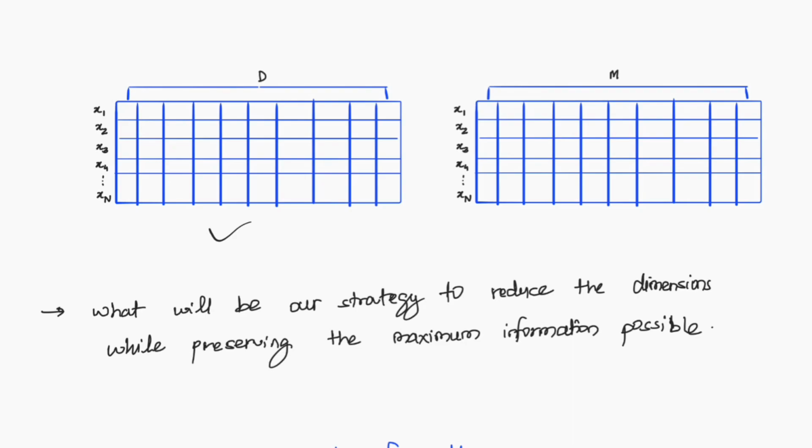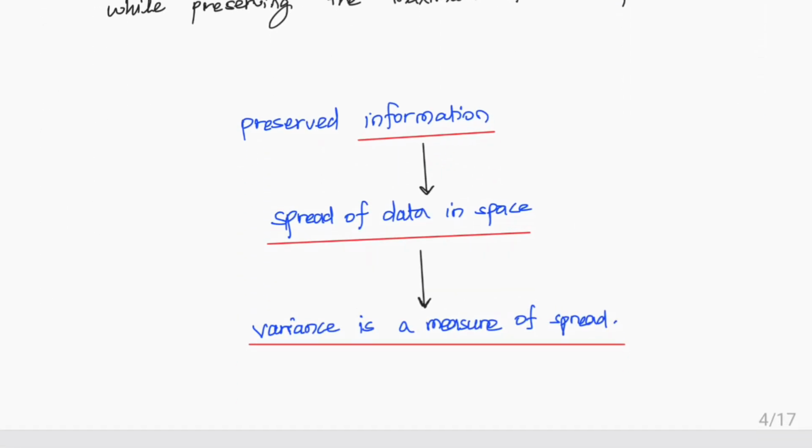So we will now link how PCA is linked with the variance of data. As you know, we want to preserve the information content of data, and the information of the data is directly linked with the spread of data in space. So I will give you an example. Let us say you have data in a space, and another data in space.